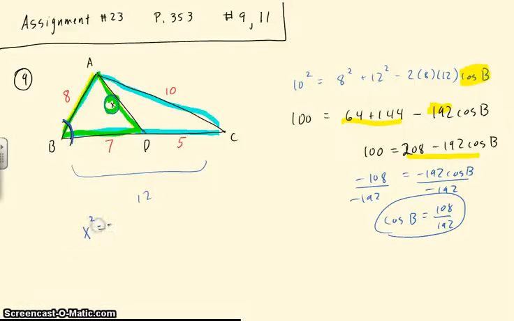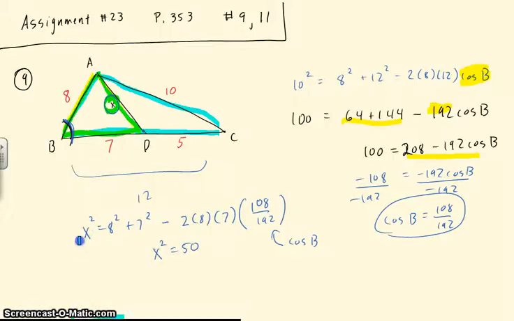So x squared equals 8 squared plus 7 squared minus 2 times 8 times 7 times the cosine of B. Well, the cosine of B is 108 over 192. Now I'm just going to do the math on this. I'll pause it. When you do all this math, you just put this right side in the calculator.